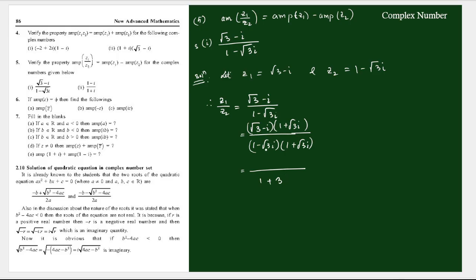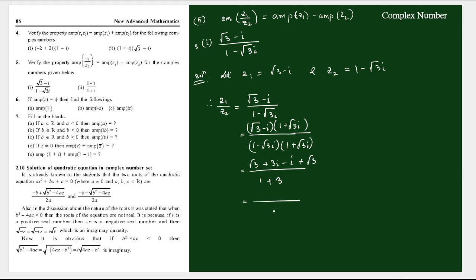अभी मल्टीप्लाई करो, √3 into 1 √3, √3 into √3i is 3i, then minus i, then i square is minus 1, so minus into minus, so minus minus plus √3, so we get 2√3.